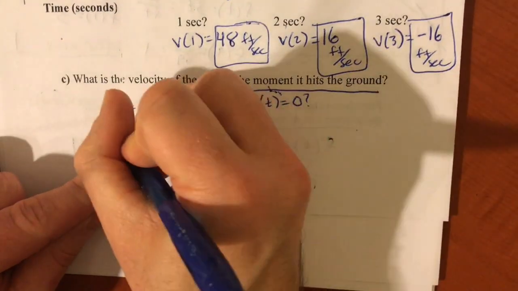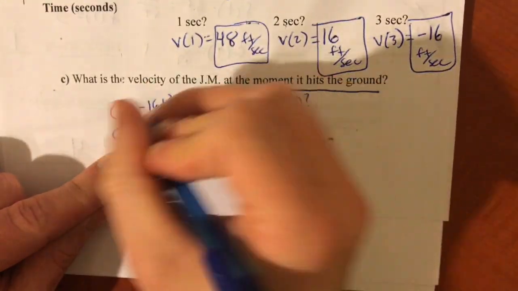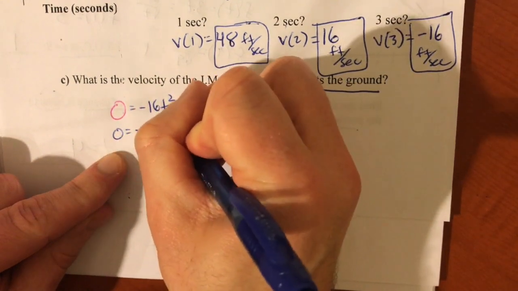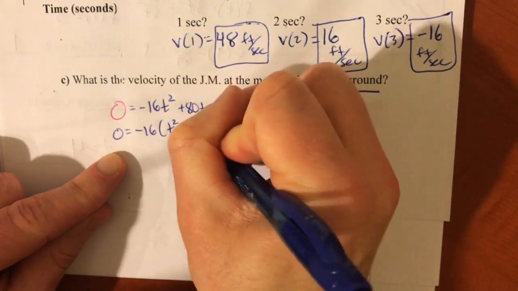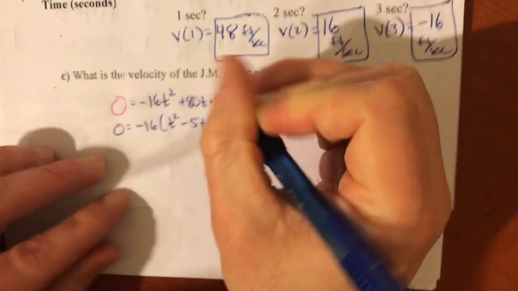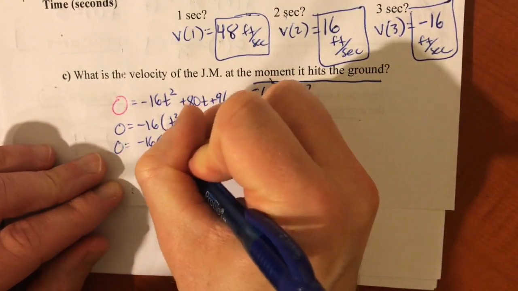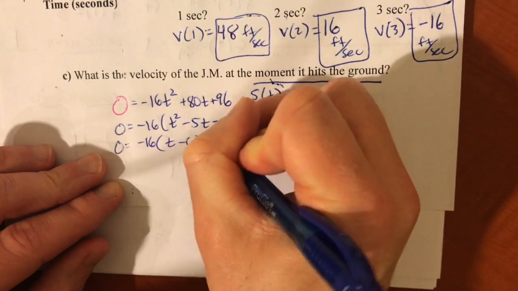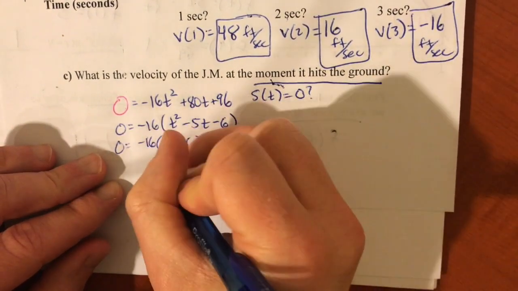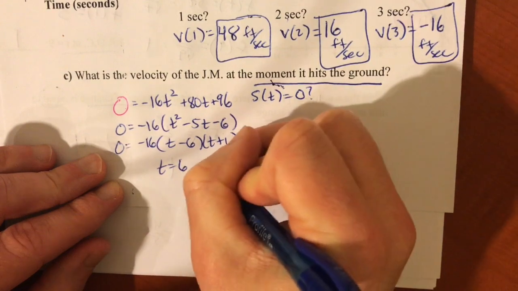We'll do some good old-fashioned factoring though. You can factor out -16, and you'll have t minus 5t minus 6 there. Continue to factor that. The -16 is kind of irrelevant because it's a constant. -6 plus 1. Our two solutions are +6 and -1.